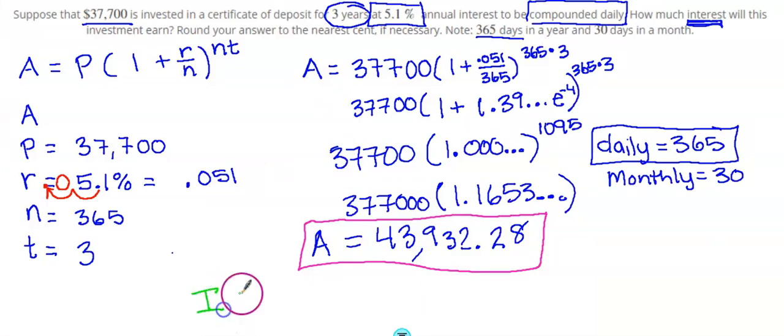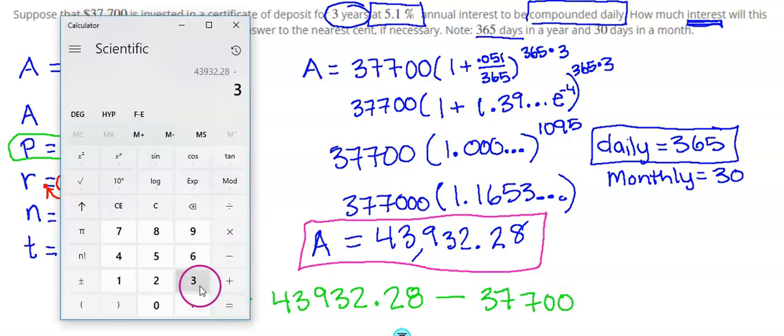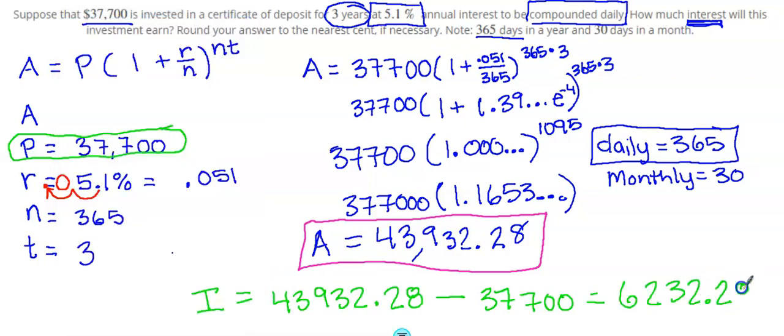Interest equals total amount, $43,932.28, minus my original principal, $37,700. That gives $6,232.28. Okay, so our total interest earned after 3 years was that $6,232.28.